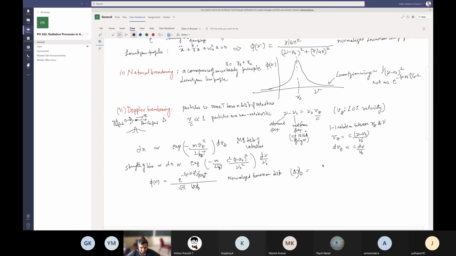It's just nu naught by c times the square root of twice kB T by m. So here m is the mass of the atoms which are moving. Basically, this is the mass of the radiating species.